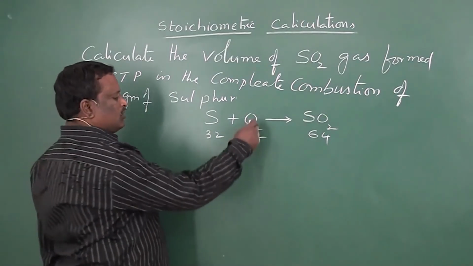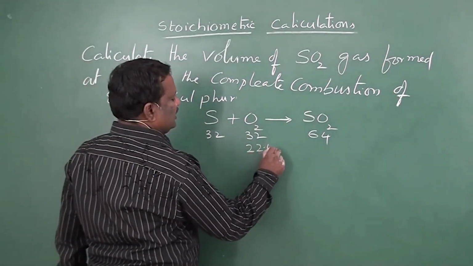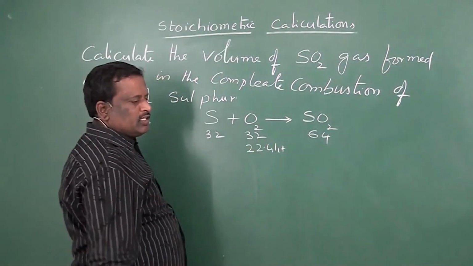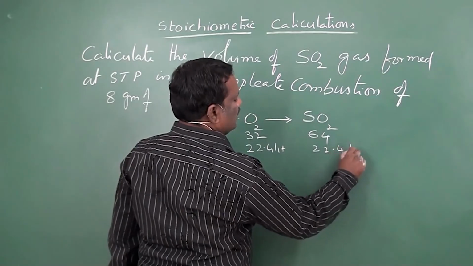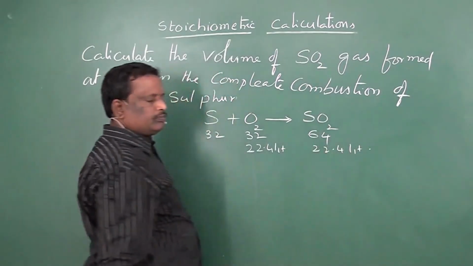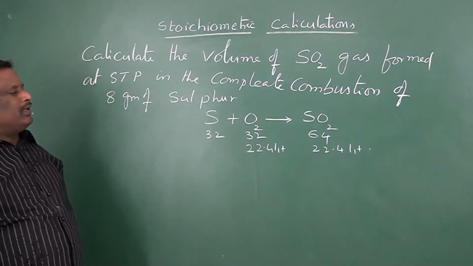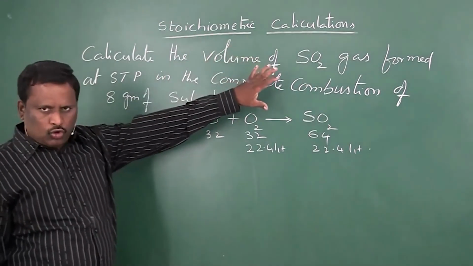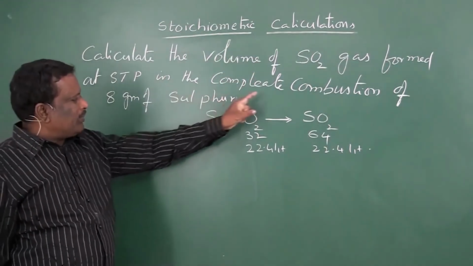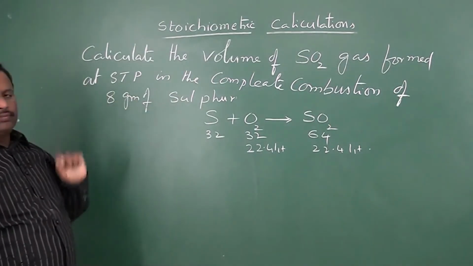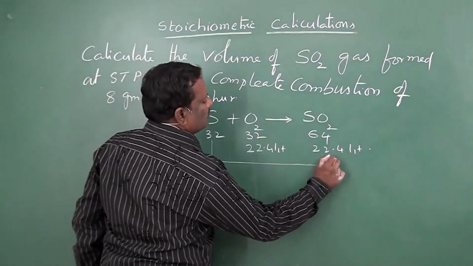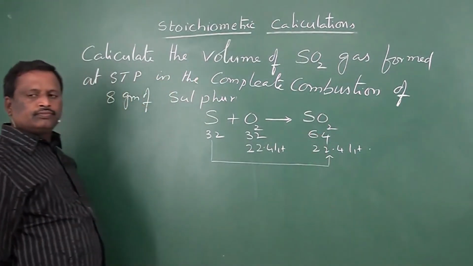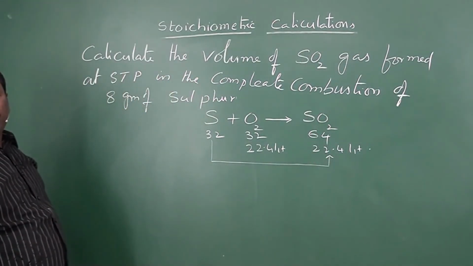This 32 grams of oxygen will occupy 22.4 liters at STP, and the 64 grams of sulfur dioxide will also occupy 22.4 liters at STP. Now what they are asking: the volume of SO2 gas formed when 8 grams of sulfur was completely burned. So they are asking the relation between sulfur and the volume of SO2.